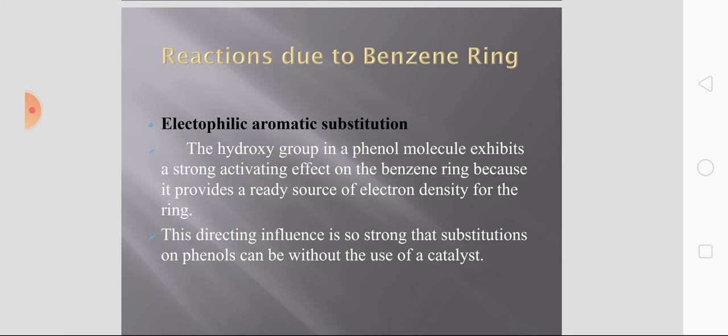Due to this it acts with a plus M effect, the plus mesomeric effect, so the electron shifting direction is towards the benzene ring, and these lone pairs activate the benzene ring and increase electron density at the ortho and para positions.